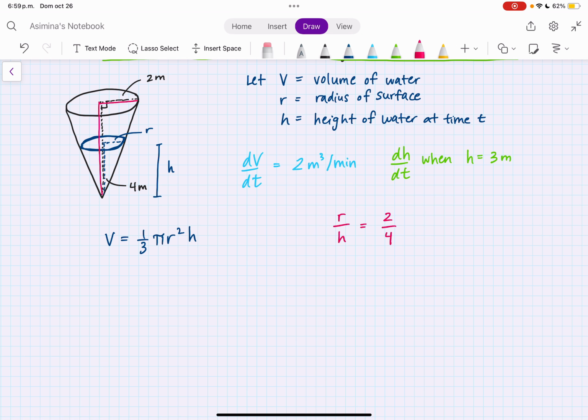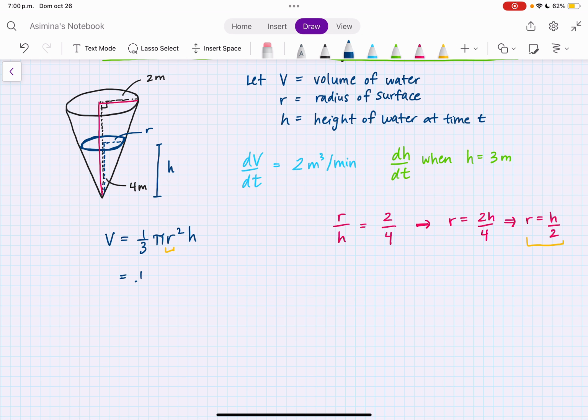Now, how can I solve for r in terms of h? Well, I can just multiply both sides by h. So I get r equals 2h over 4, and I can simplify because 2/4 is just 1/2. So really, r is equal to h over 2. Now I can plug this into r in the equation of the volume.